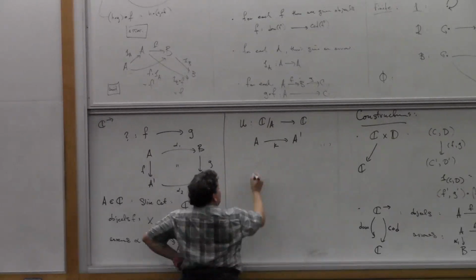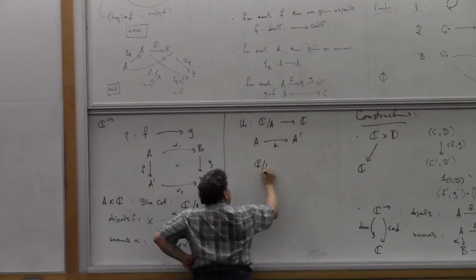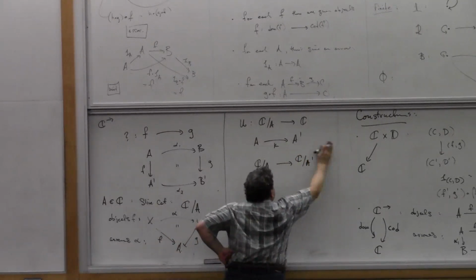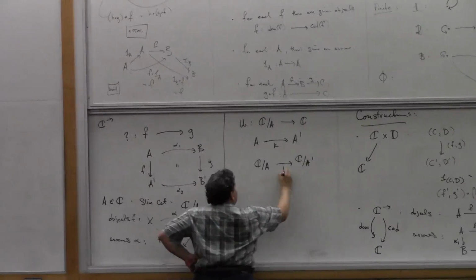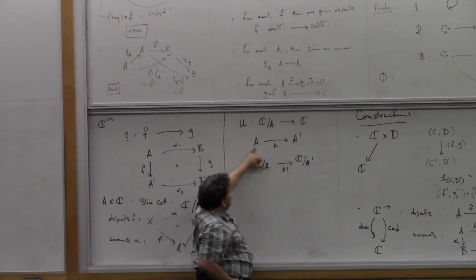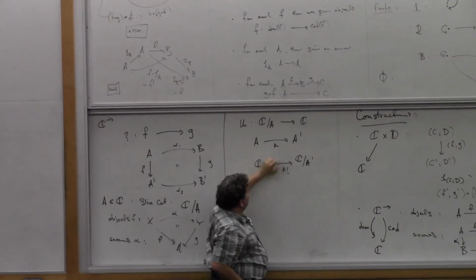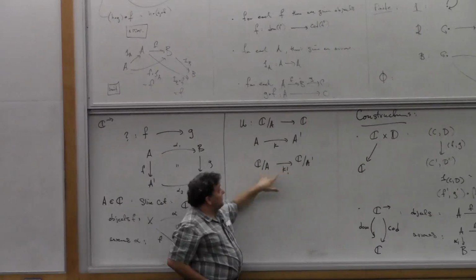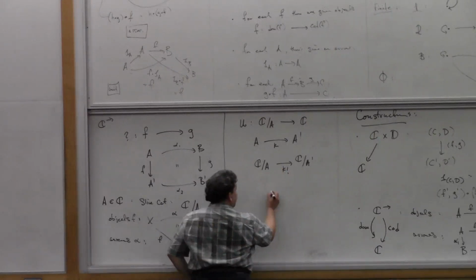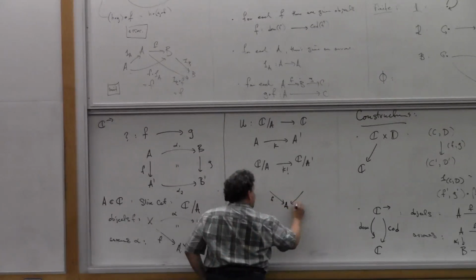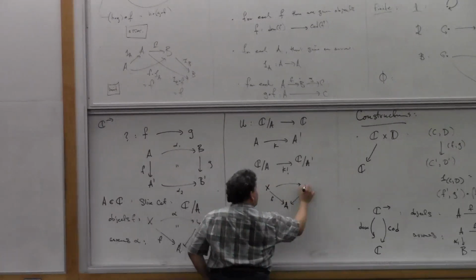Given any map like this, I get a functor from C over A to C over A prime. I'll call this K shriek. How does it work? So this is just an object in C. This is an arrow in C. This is a whole category, right? And now this is a functor from this category to this category. It works like this. Here's A. Here's F, G with its domain and codomain.